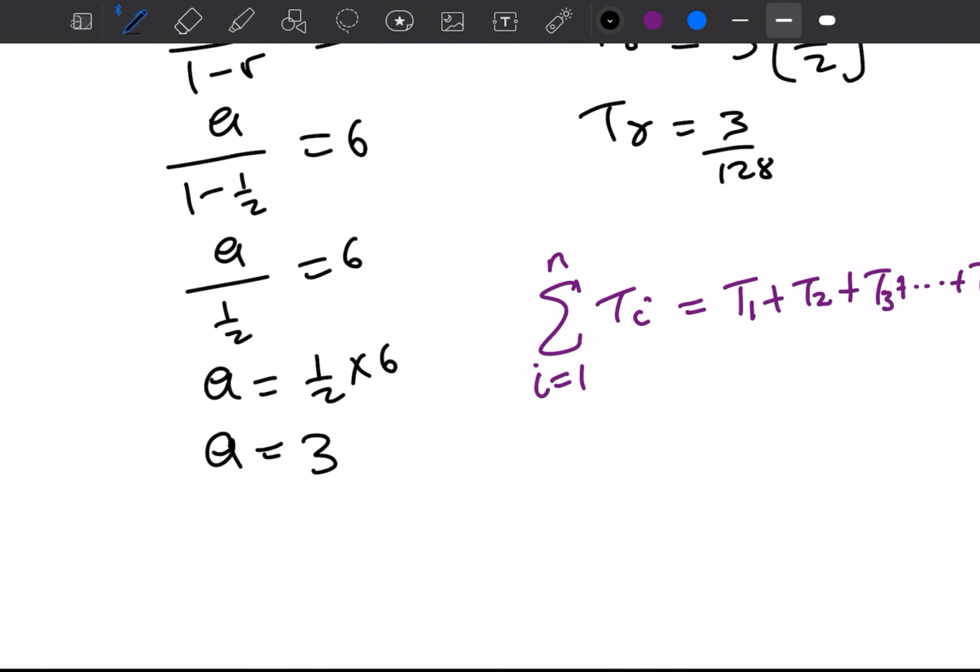So what happened is your i moves from 1 to n, and moves from 1, 2, 3 all the way to n. That's what this really means.